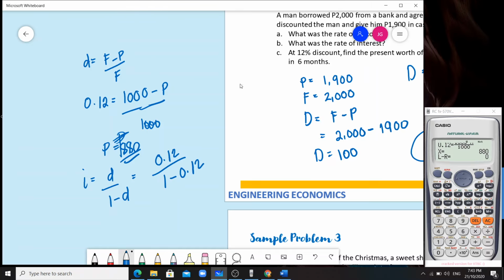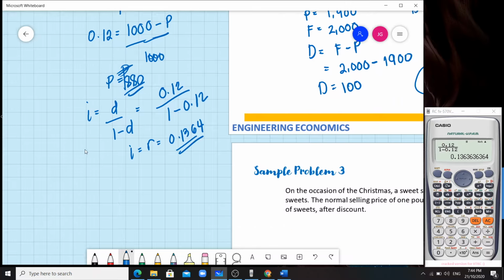Okay. 0.12 divided by 1 minus 0.12. Okay. This is 0.1363. Meron tayong simple interest or I dito or R, pwede rin. 0.1364. Okay. Ito yung gagamitin natin ngayon sa PRT.